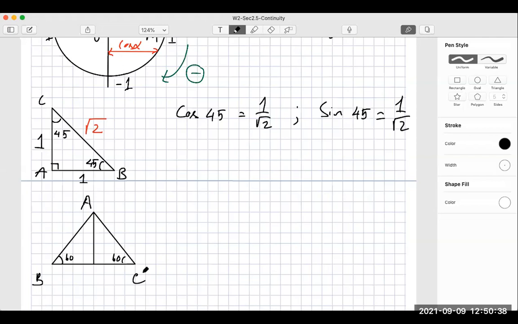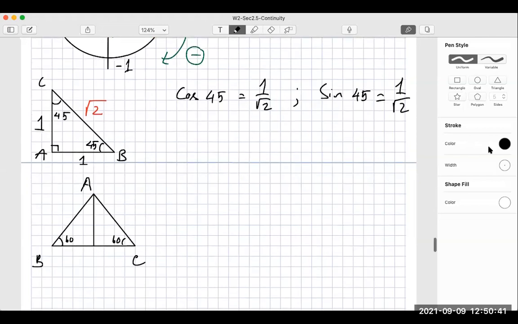From geometry, we know that if this side AC is 2 units, this is 2 units as well. Then let us call H the middle point here. Then what is the distance from H to C? Yes, very good. It is 1 unit here.